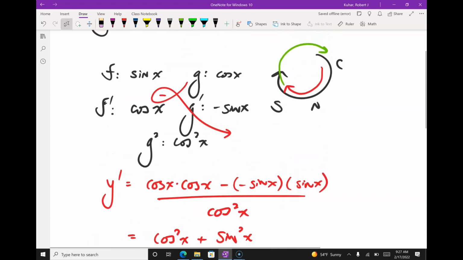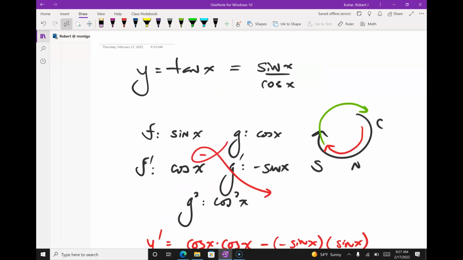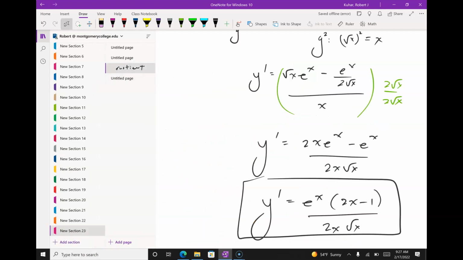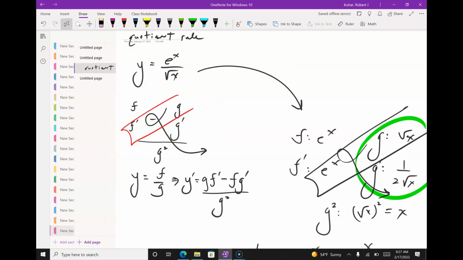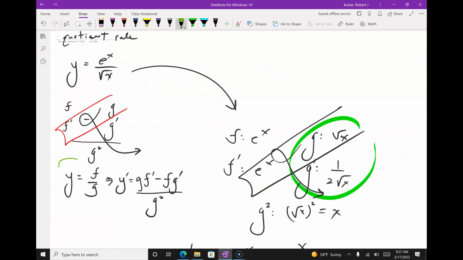Yes, so that's the formula, okay? So just let me go back to my general formula here. Here's my formula for the quotient rule. And it is strange. And the way I would convince you is I would do the proof like I did the proof of the product rule.